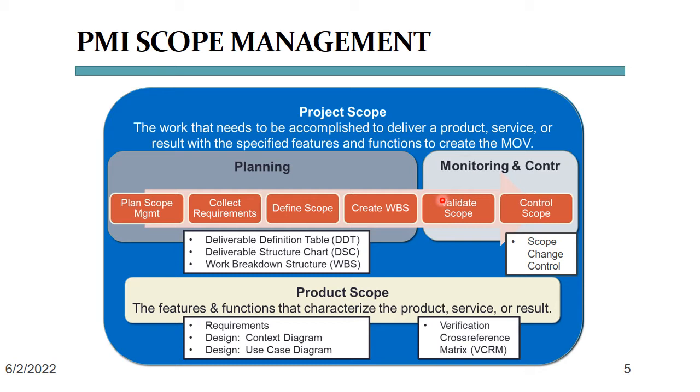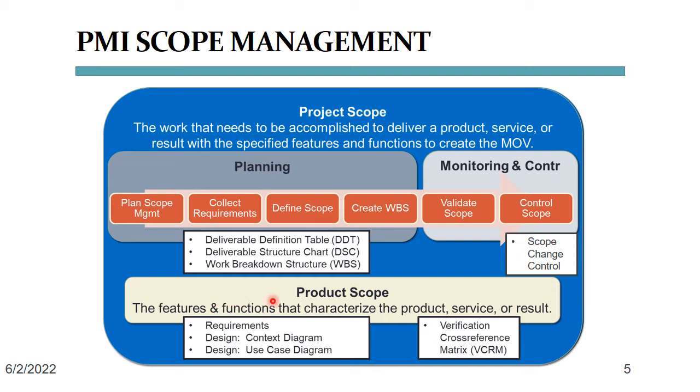They guide how successful you will be in providing measurable organizational value by completing the product scope in the software development lifecycle, the SDLC. That's what we're seeing in the lower half of this graphic.